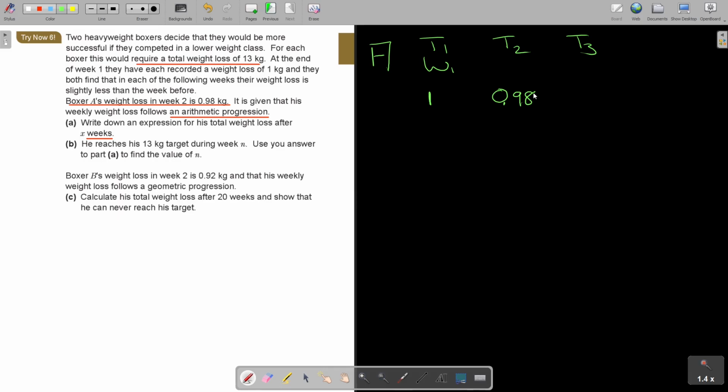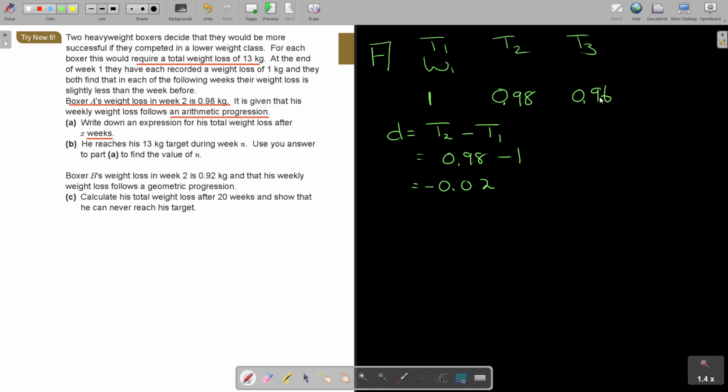Basically, it continues that pattern. They tell you it's an AP, and if they tell you it's an AP, then I can get d by saying T2 minus T1. That's 0.98 minus 1, which is negative 0.02. If I want, I can work out the later terms, but it's not necessary.